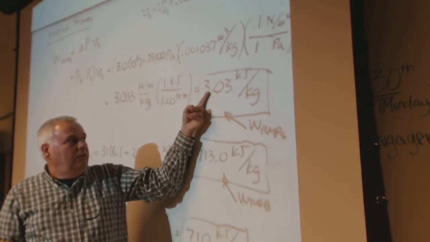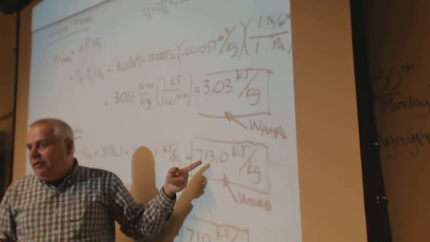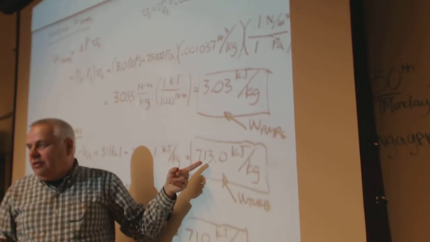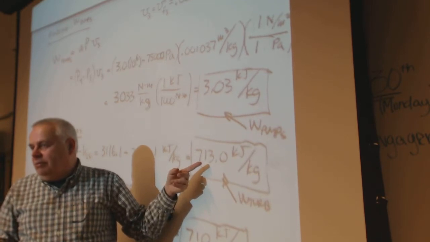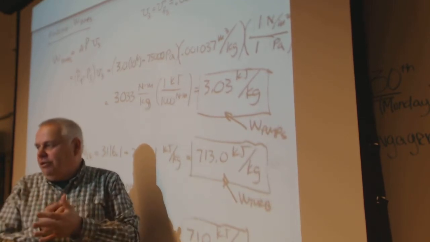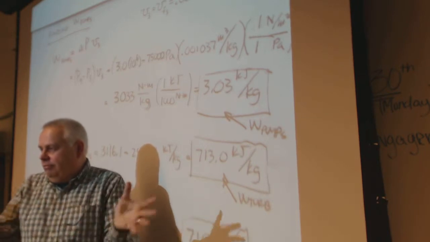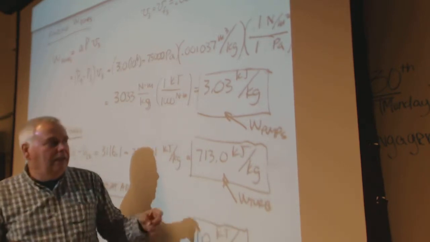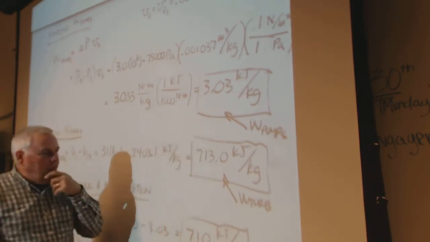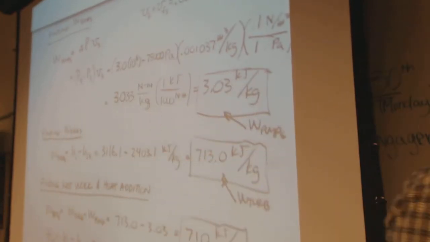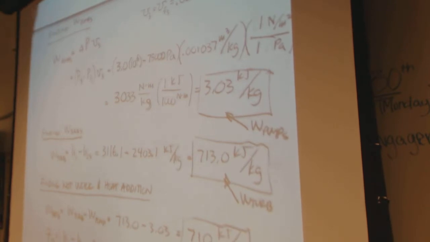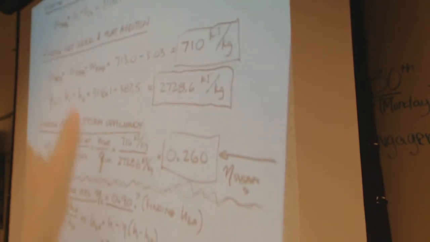In this case, what's 3 out of 713? It's less than 1%, it's not even 0.5%. That's why we condense the water. It's a lot easier to push something hard than it is to herd the cats of a gas. So the net work is the difference between these two, because you had to put 3 in, you got 713 out.